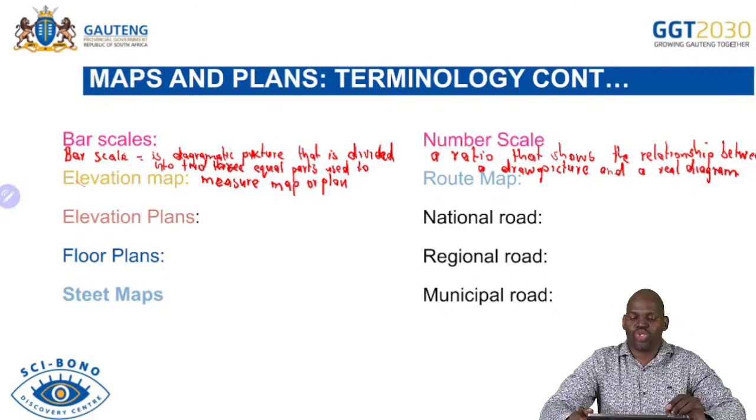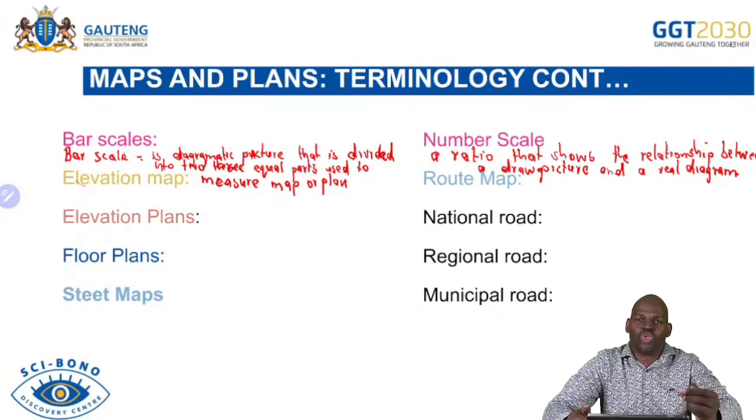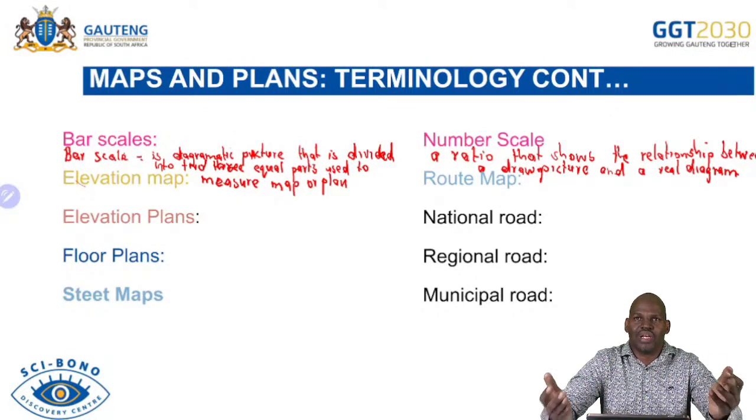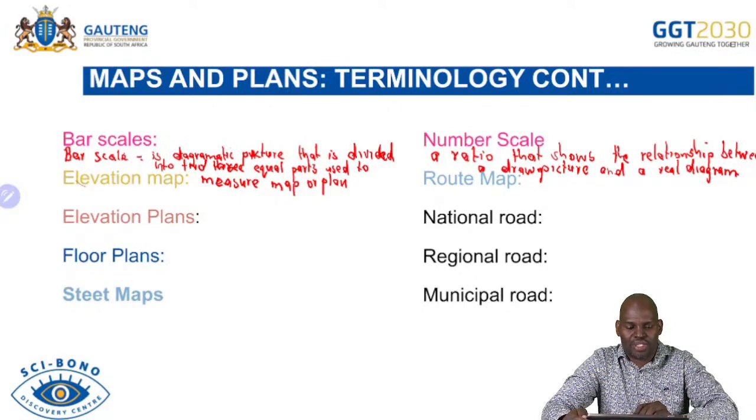Remember, a number scale is a ratio that shows the relationship between a drawn picture and a real diagram. In other words, it shows how big or how small that picture or map is in real life. So that is a number scale.